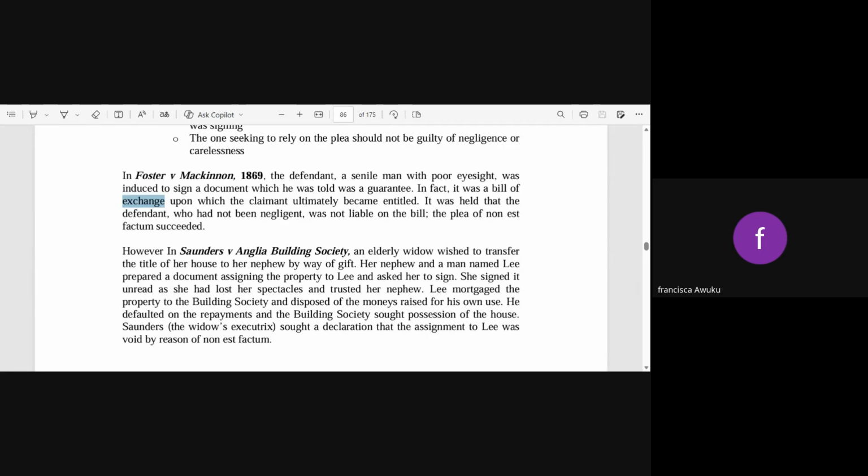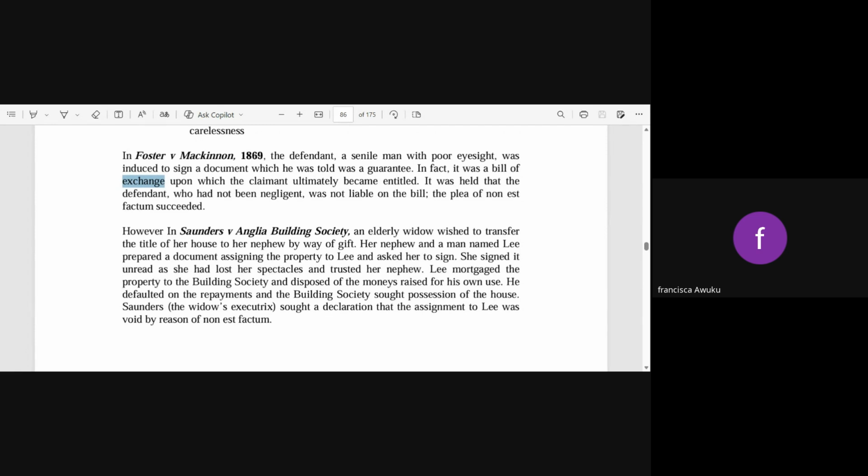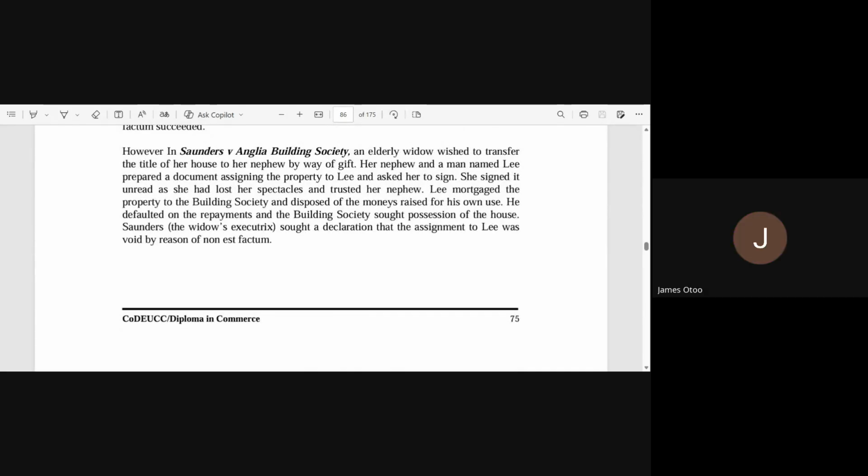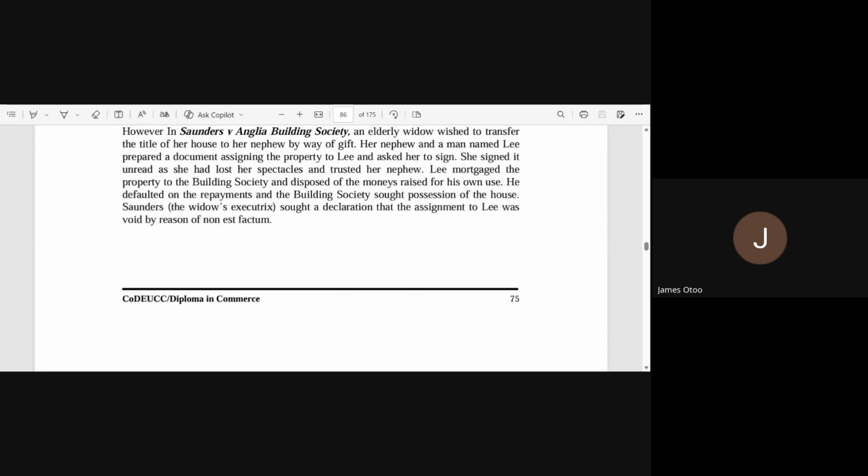He defaulted on the repayments, and the building society sought possession of the house. Sanders, the widow's executrix, sought a declaration that the assignment to Lee was void by reason of non est factum.